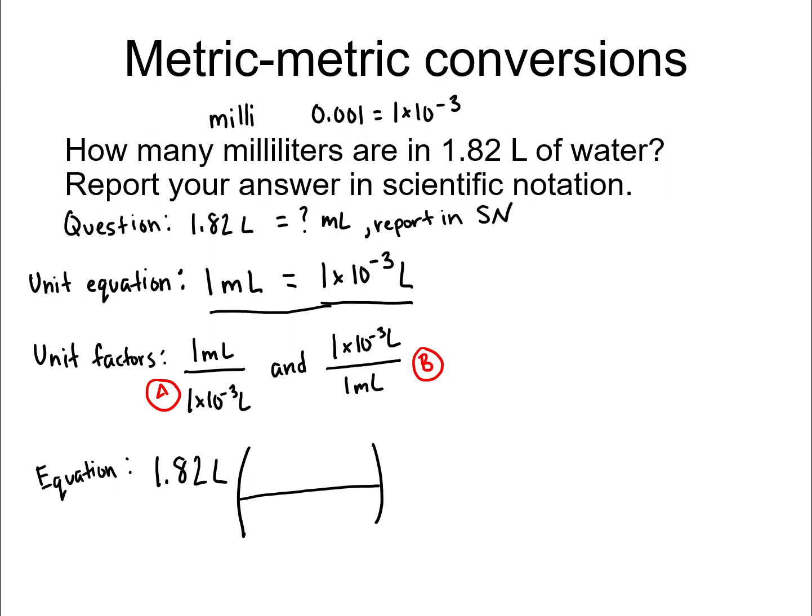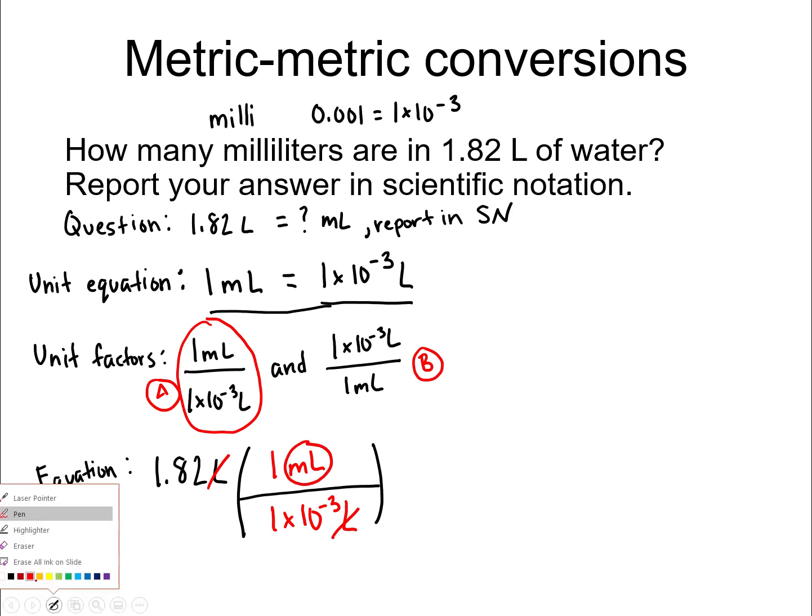Remember, we need to have liters in the denominator, so we need to use A. So you can't just always choose the second one. You have to look at the units and make sure they cancel. There's liters on the top, liters on the bottom, and we're left with milliliters at the end. Does everybody understand that now?